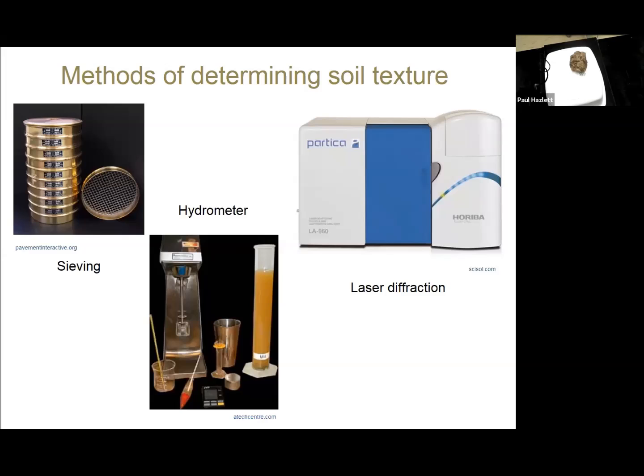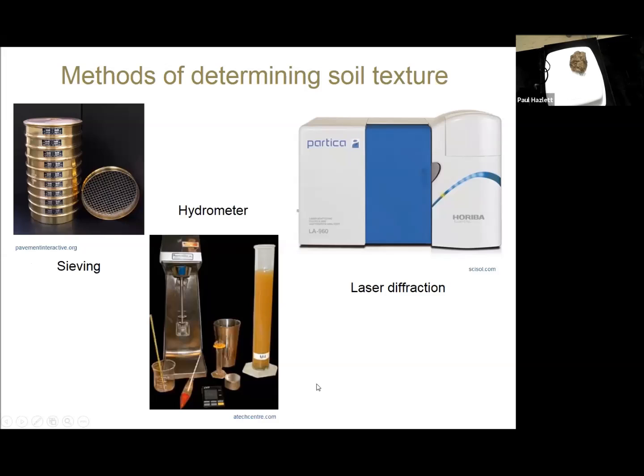You can imagine if you didn't break down those aggregates, you might be collecting a part of the soil sample in a sieve like this, and it might be showing up as a sand particle, but it's only because you didn't break it down enough into its smaller sized particles. Okay, so that's the first one, sieving.